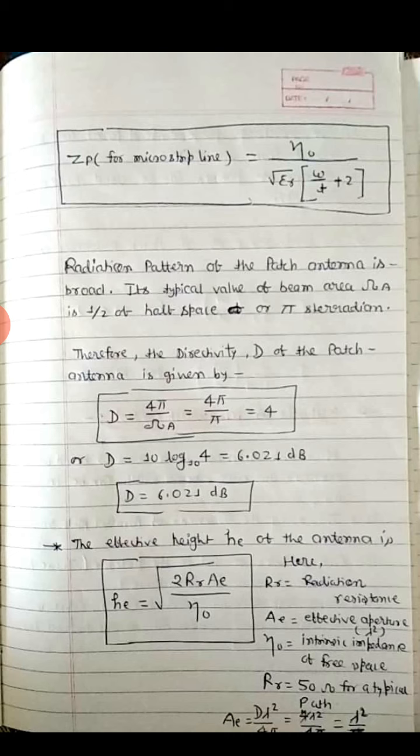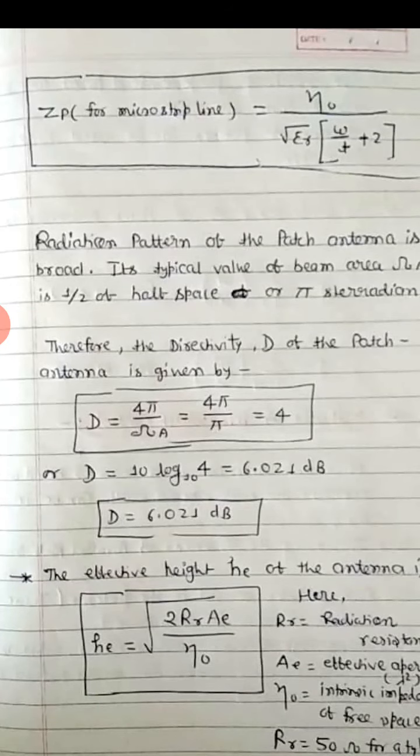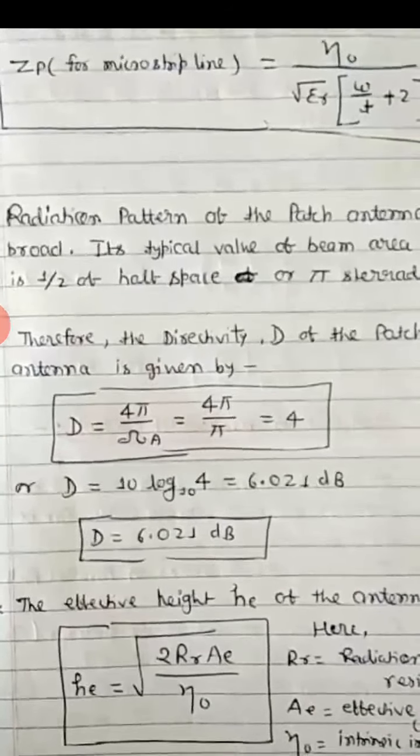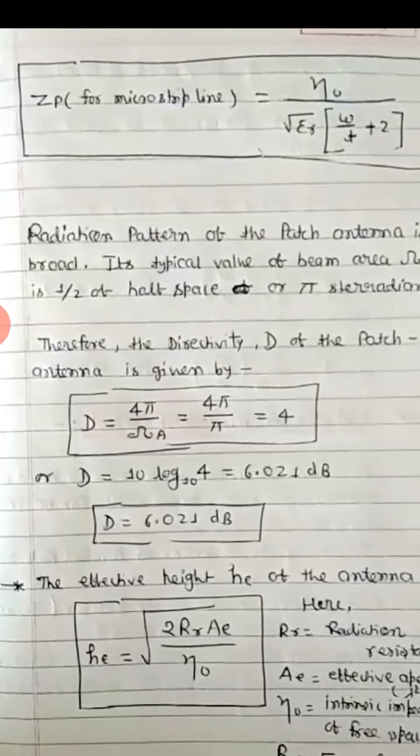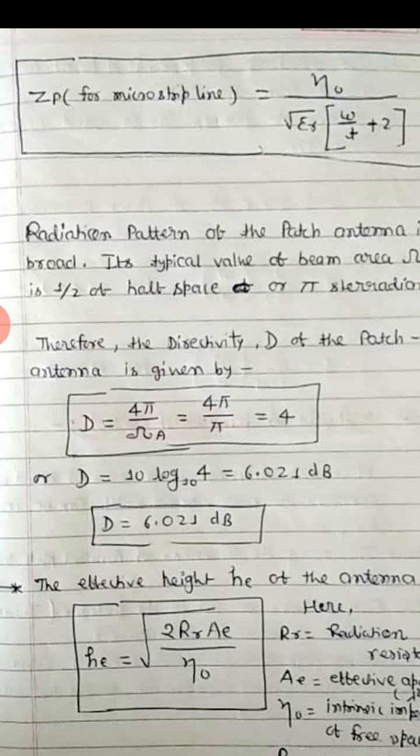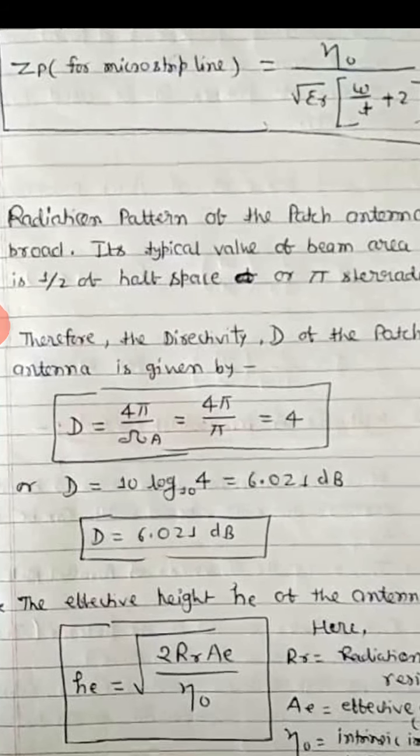Therefore, the directivity D of the patch antenna is given by D equal to 4 pi by omega A, the beam area, 4 pi by pi. So finally we have D equal to 4, D equal to 10 log 10 4. If we put in the value, we have D equal to 6.021 dB.